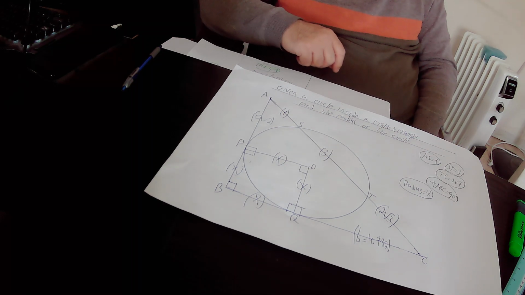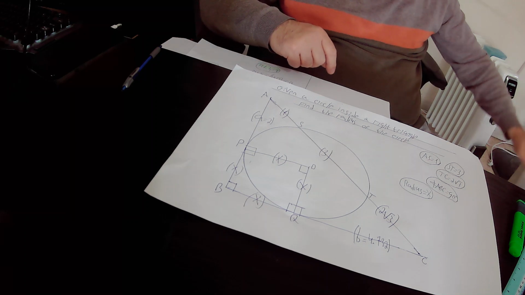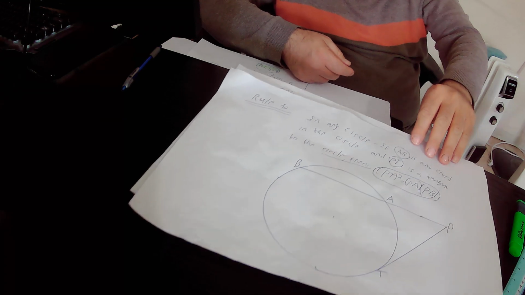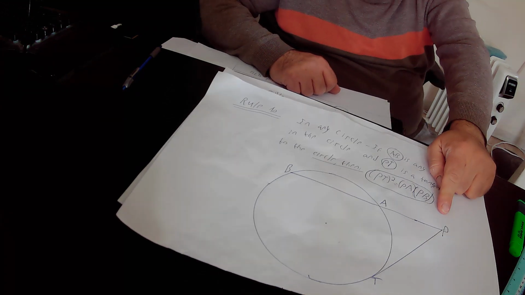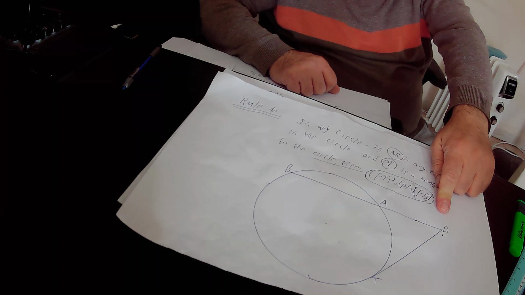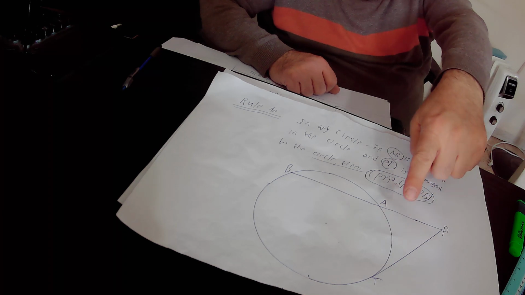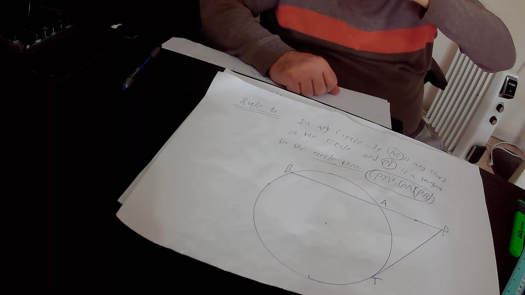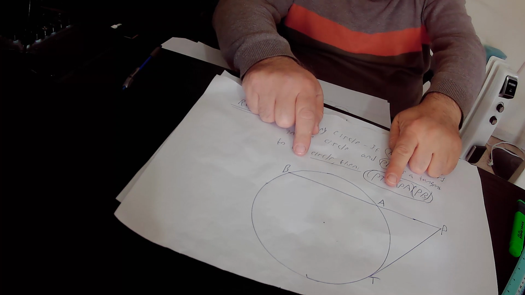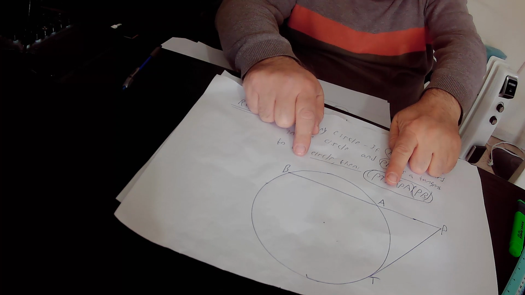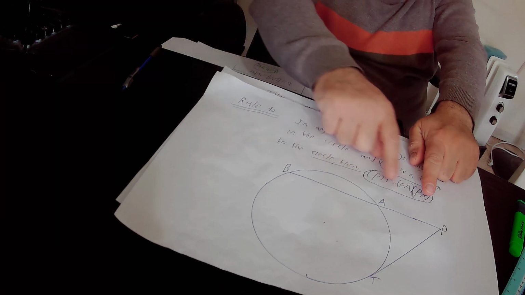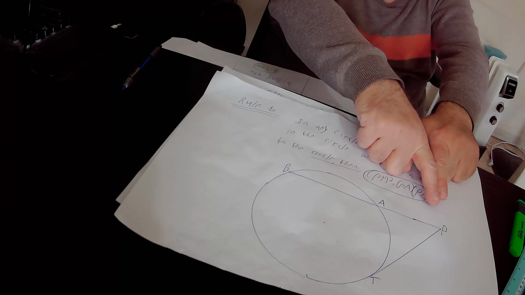If we focus on point A, and again on rule 10, according to rule 10, if you have the common external point P, and from the common external point P you draw tangent PT, that is tangent to this circle at point T, and you also have chord BA, that if we extend chord BA, it will touch point P, that is the common external point.